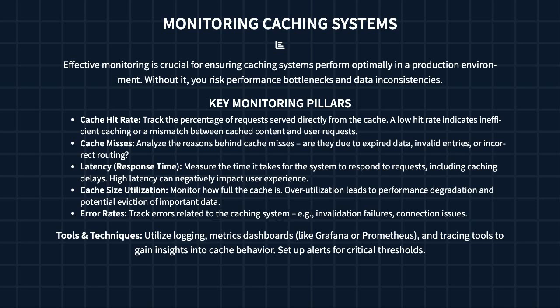We also need to monitor latency, how long it takes to get a response. And, importantly, we keep tabs on how full the cache is. Too much and things start slowing down. Finally, let's not forget about errors. Anything unusual here should be investigated immediately. Tools like Grafana or Prometheus are great for visualizing this data, and setting up alerts can help you catch issues before they impact your users.